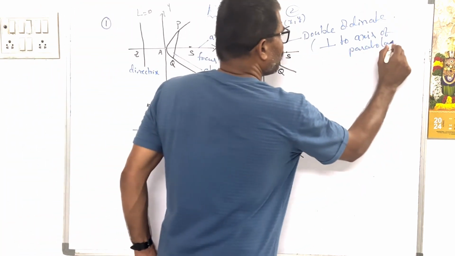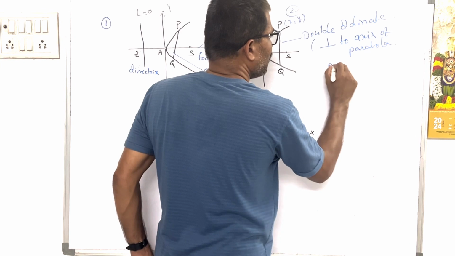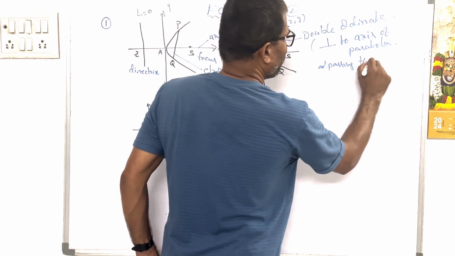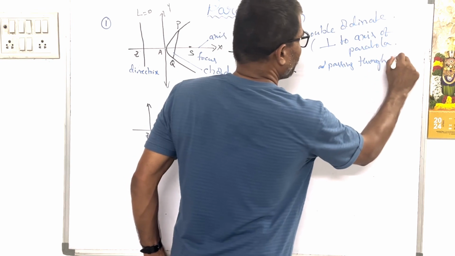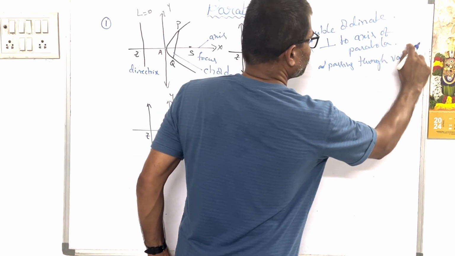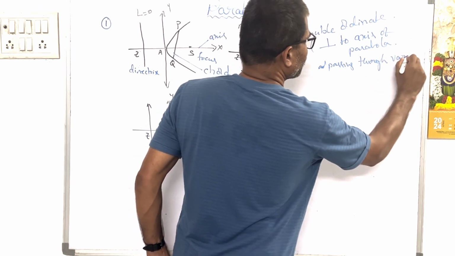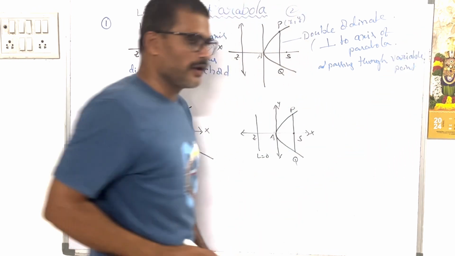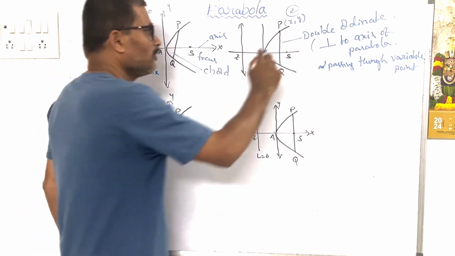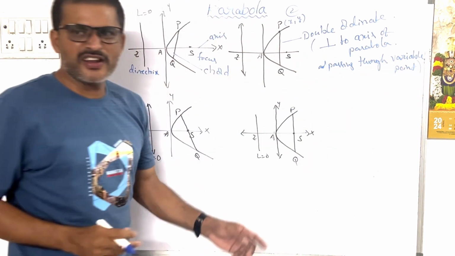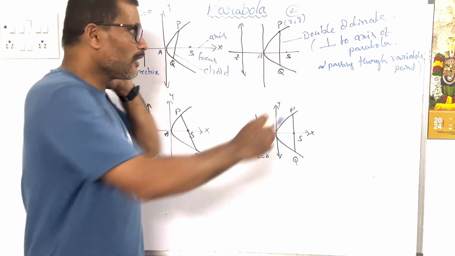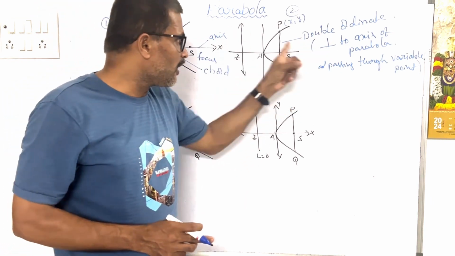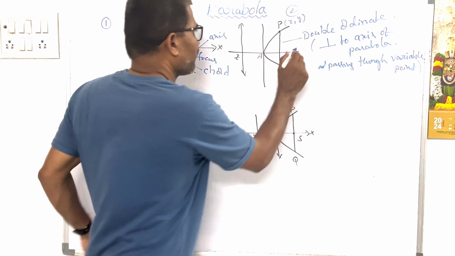That is called a double-ordinate. So this is the definition of double-ordinate. Here we observe a double-ordinate is also a chord, but one which is always perpendicular to the axis.